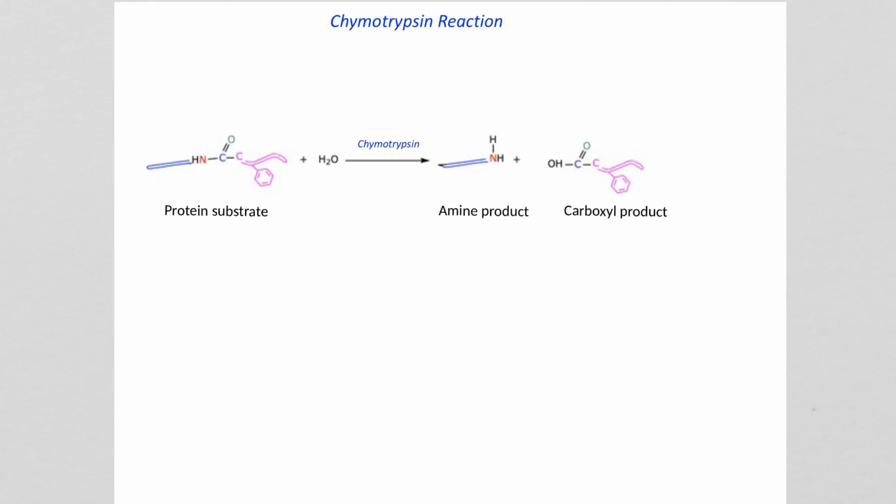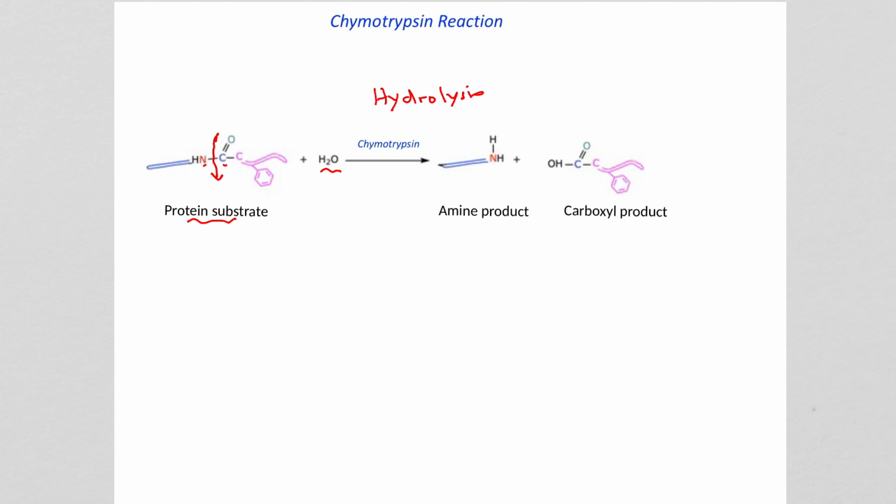The enzyme chymotrypsin catalyzes a reaction where the peptide bond, this one here between this carbon and nitrogen in a protein substrate, is broken by water. So this is called a hydrolysis reaction, since water is used.